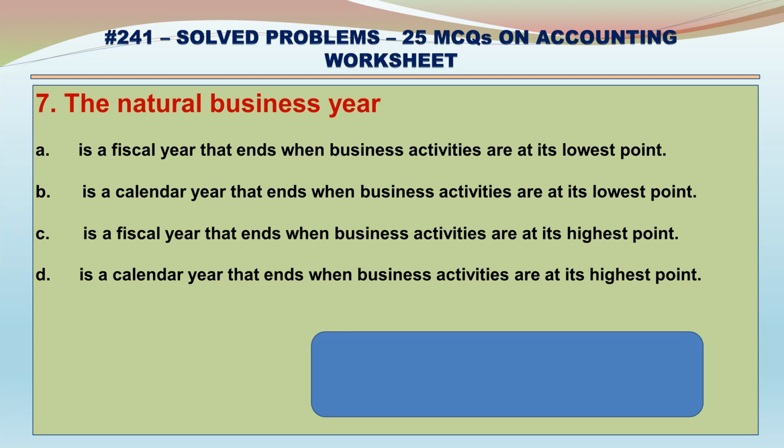Option D is a calendar year that ends when business activities are at their highest point. Answer A. The fiscal year that ends when the business activities are at their lowest point.